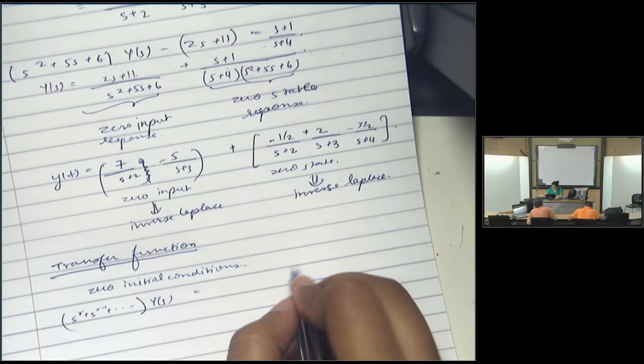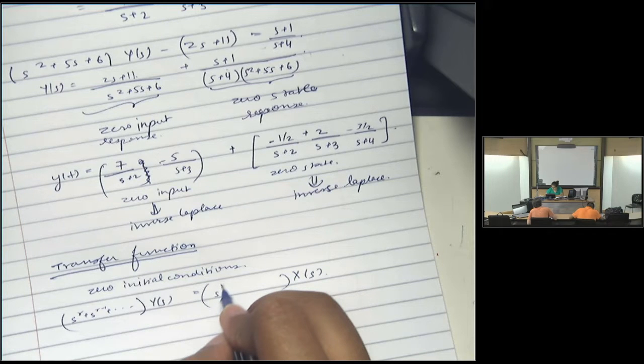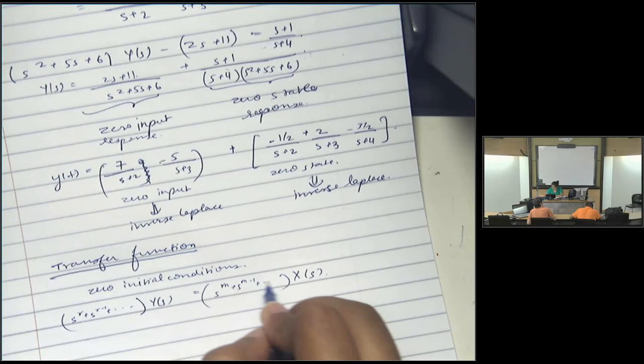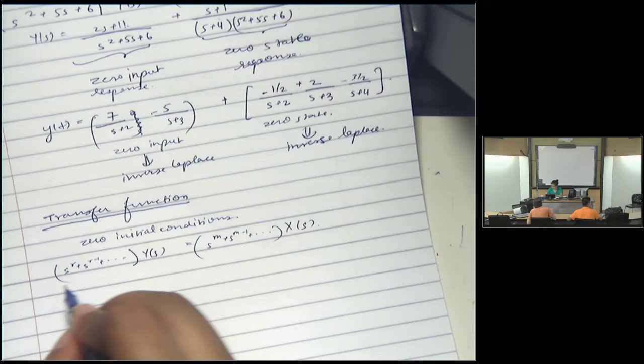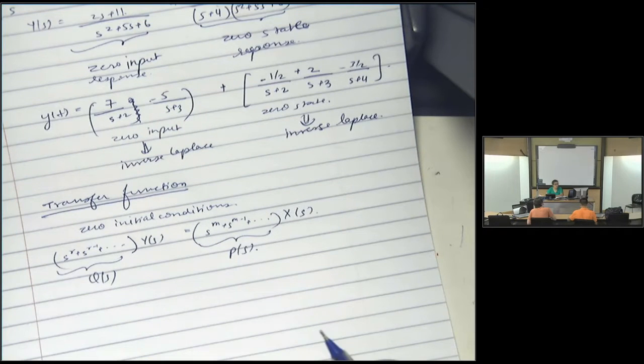My polynomial with X(s) is again some power of s, let's say m, and so on. So let me just call this Q(s) and this part P(s). These are polynomials in s whenever I have a zero initial condition.